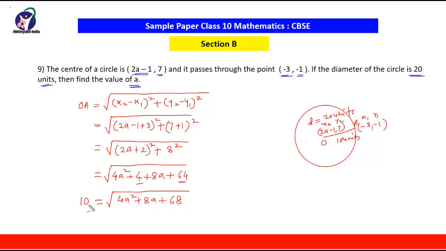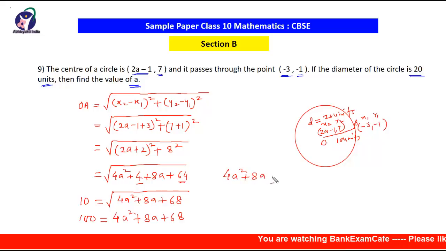Now taking square of both the sides, we will get 100 is equal to 4a square plus 8a plus 68. Now take 100 to the other side, so we will get 4a square plus 8a minus 32 equal to 0. 100 minus 68, that is 32.